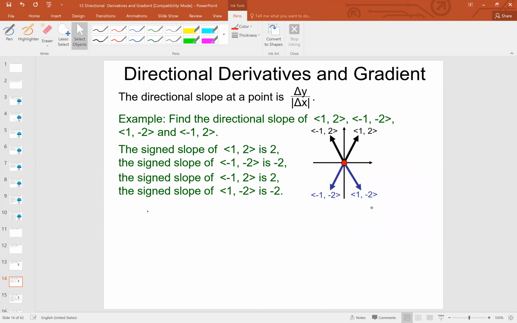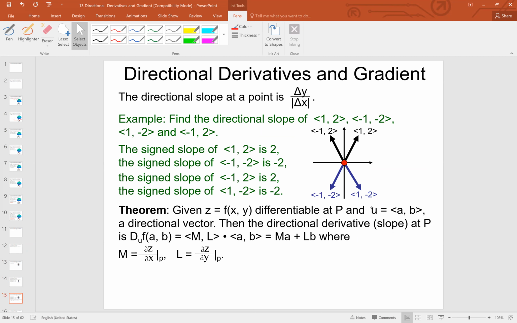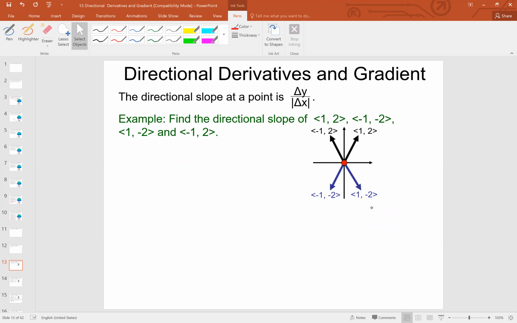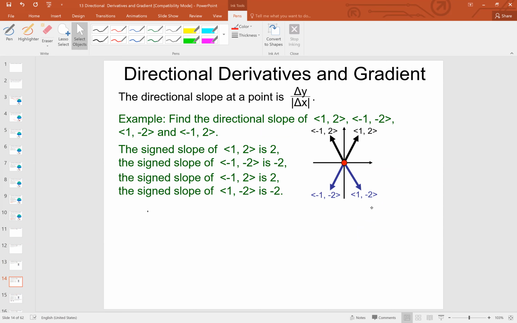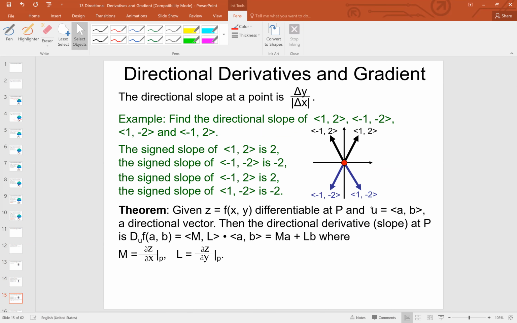The directional derivative tells you a little bit more than just the slope. It actually has a sign, so it is a signed slope. The directional derivative, if possible, we're going to calculate.